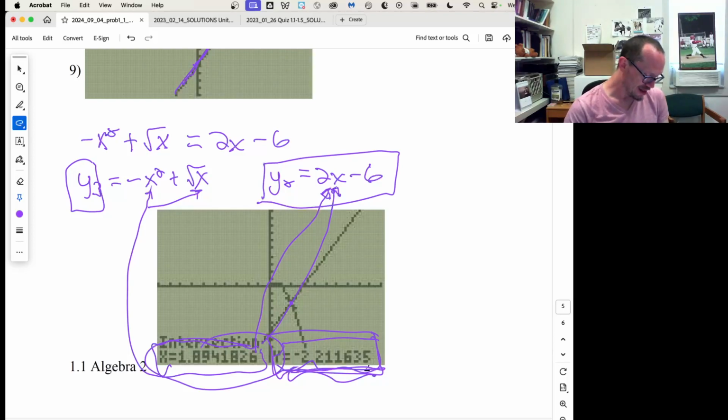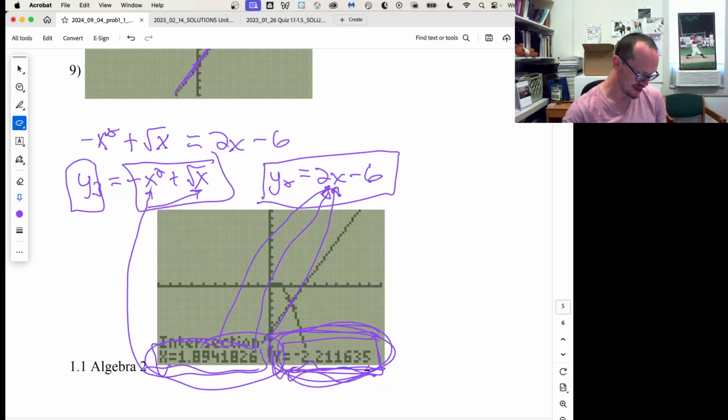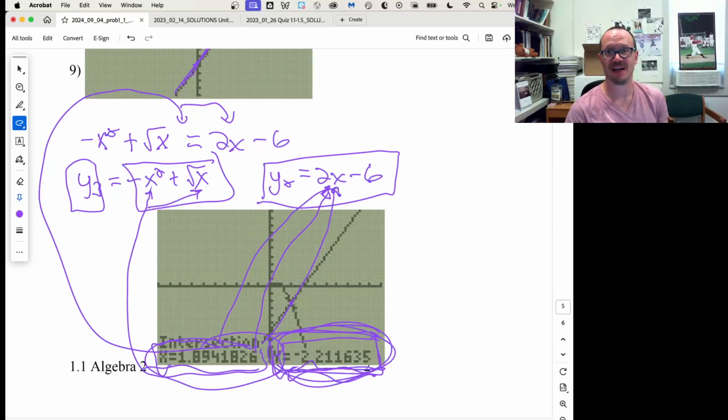In other words, this x value makes the 2x minus 6 equal this, and it makes the negative x squared plus root x equal this. So what should happen if I plug it into this equation here? Well, it's going to make the left-hand side and the right-hand side equal the same value. It's going to solve it. So I'm done.